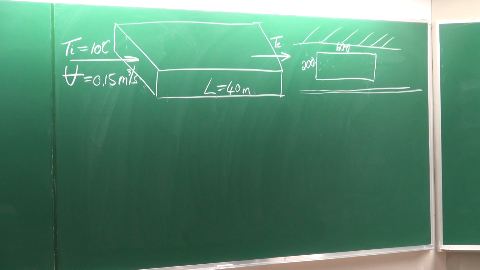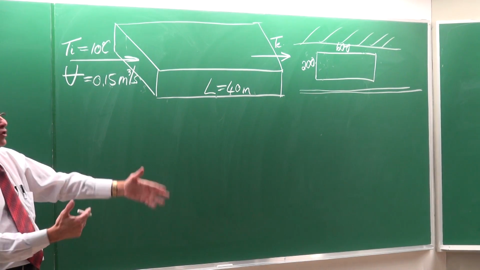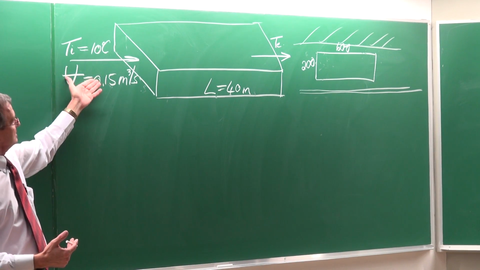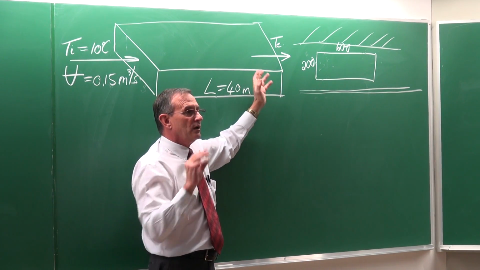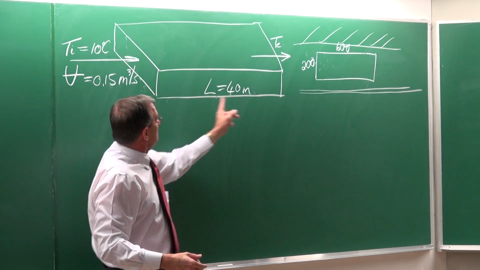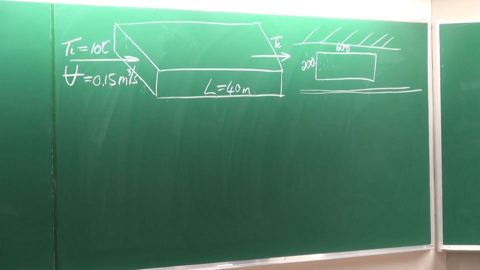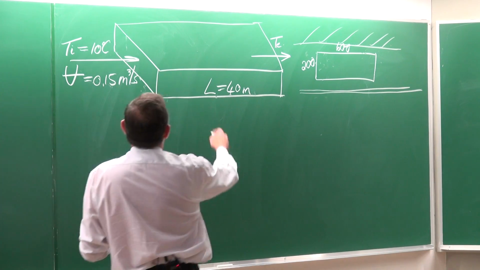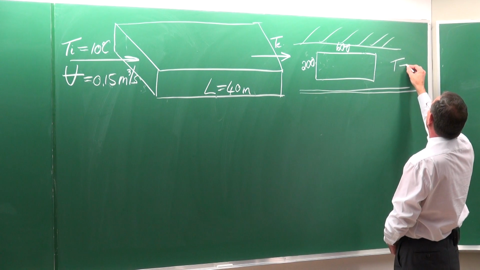Yes, it is, because if you spend a lot of money to take air, maybe in this venue, cool it down to 10 degrees Celsius, and now you have to transport it through a duct of 40 meters before you can put it into the venue, this temperature increase is very important. You want it to be as low as possible. Okay. So in this case, the air temperature here can typically rise to 40 degrees.